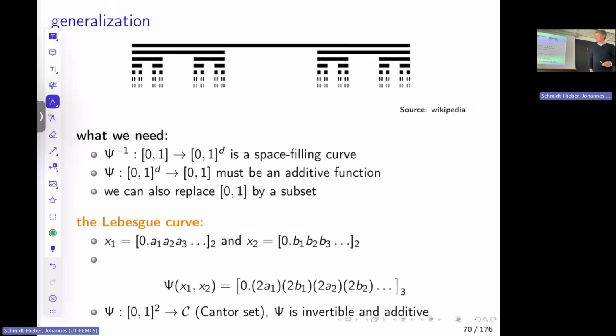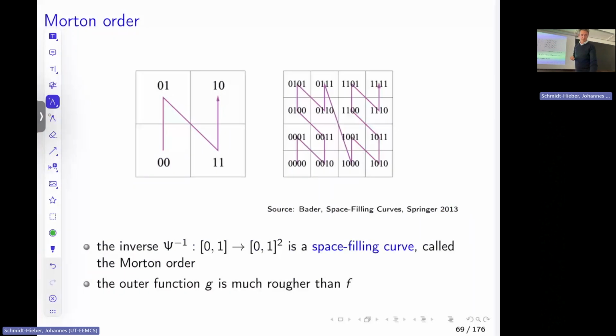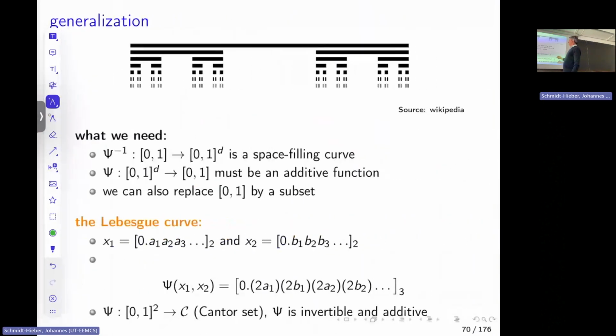Okay, so the idea that I followed is to define this thing on the Cantor set instead, because the Cantor set corresponds to exactly these jumps that occur in the Morton order. Before, we would just take these binary digits and put them next to each other. Now we do another thing. We take these binary digits and multiply them by 2, so from 0 and 1 you get 0 or 2.